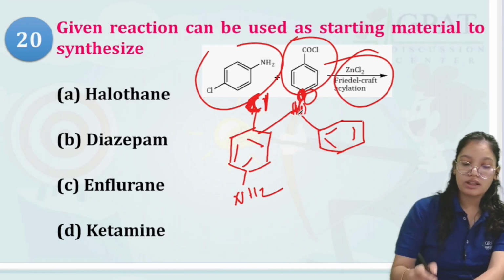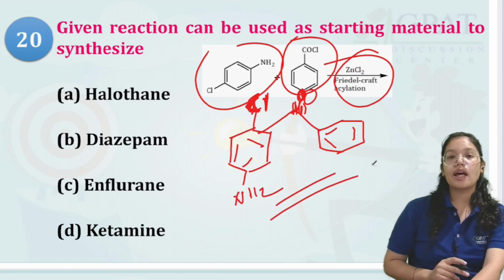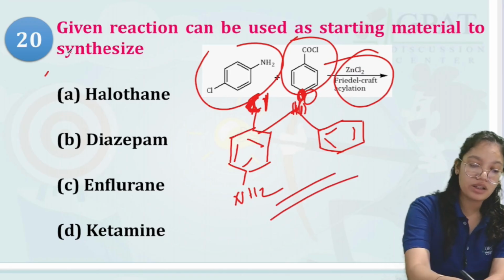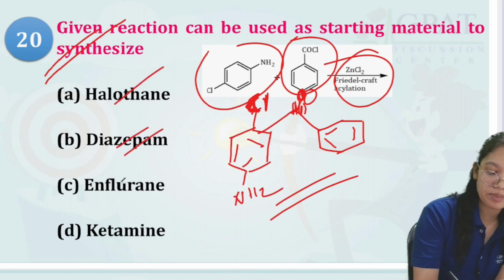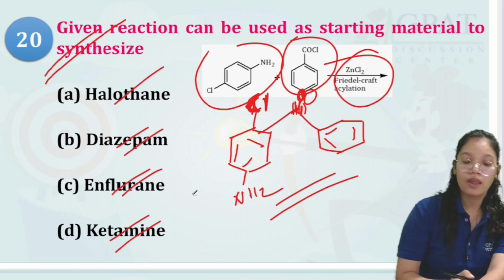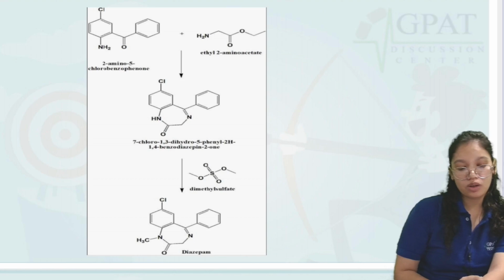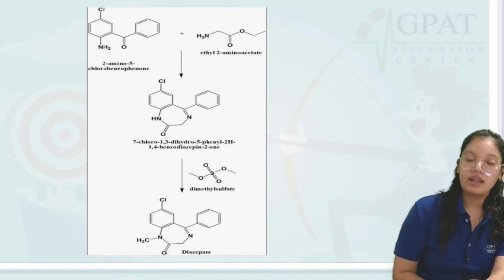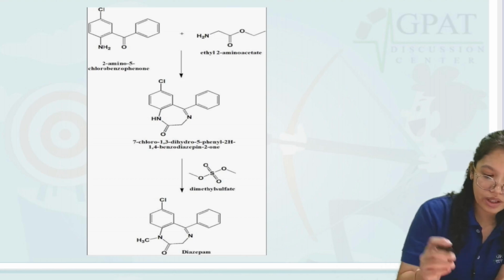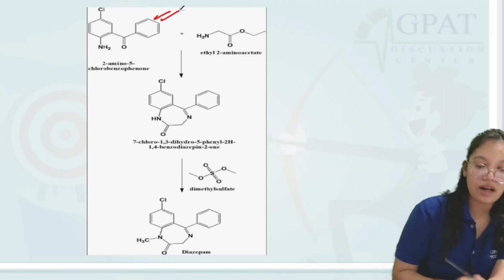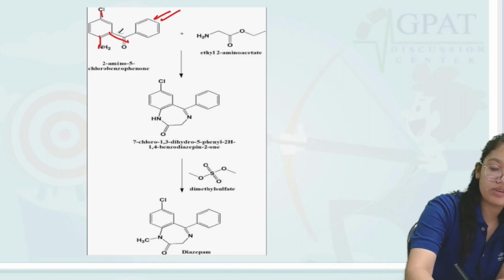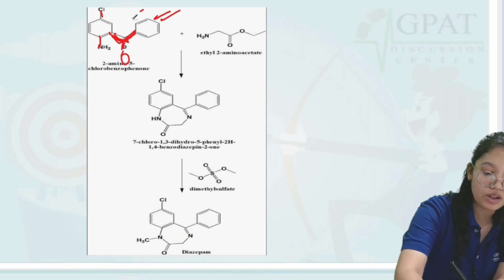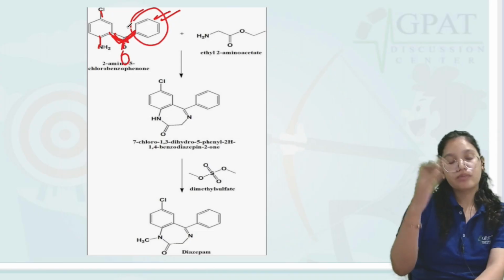So they are asking that this particular product can be used as the starting material to synthesize which of the following drugs? Is it halothane, diazepam, amrinone, or ketamine? So let me show you. This is the synthesis reaction. Here you can see the same starting material: chloro here, NH2 here, then we have an acyl group by Friedel-Crafts acylation here, then we have the ring attached.